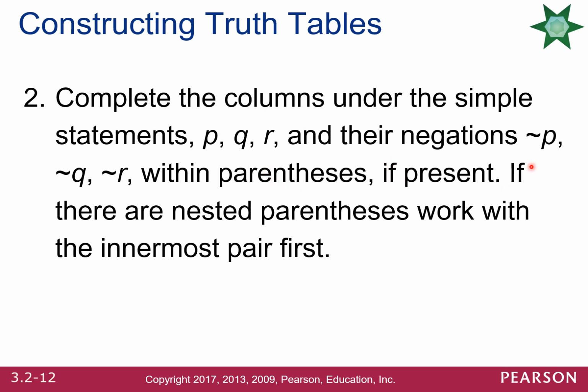And if there are any negations present, indicated by the tilde P, tilde Q, and tilde R, so not P, not Q, and not R, then we will fill those out as well.